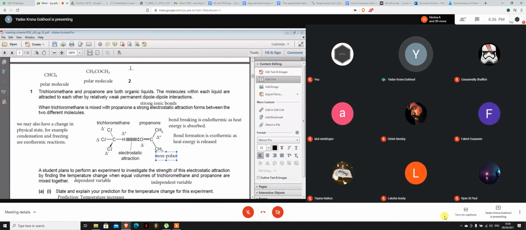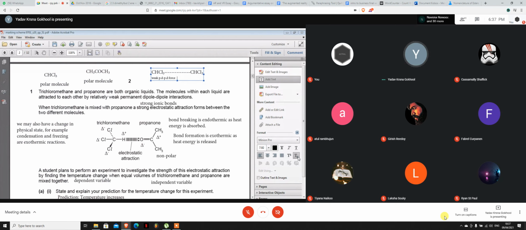So if you have CHCl3 and another CHCl3, here I have weak permanent dipole forces of attraction.